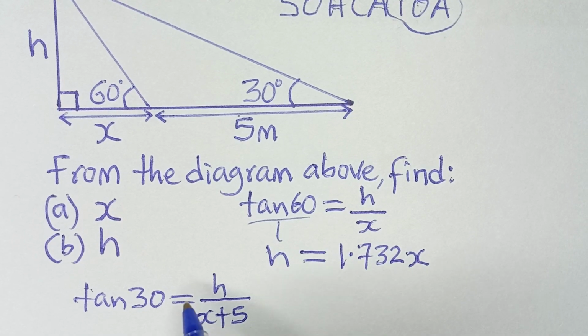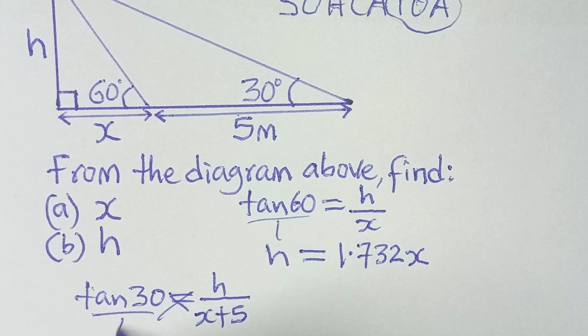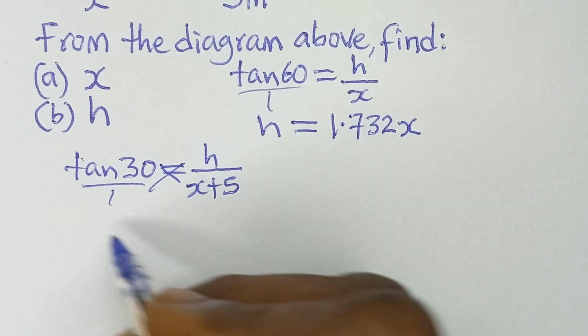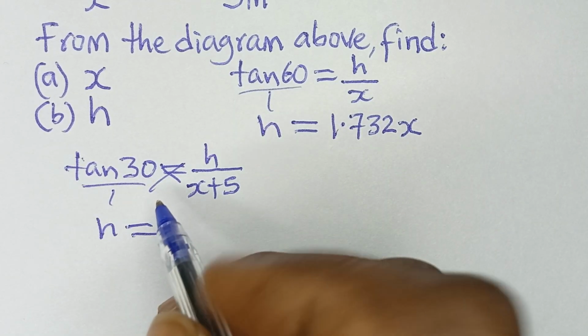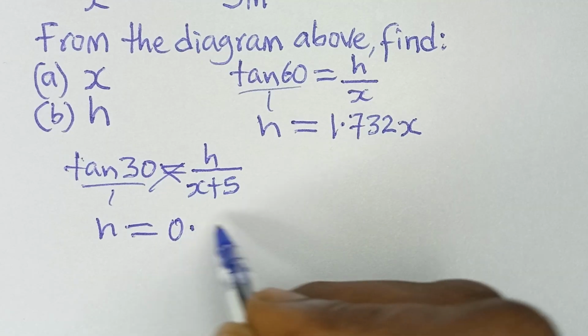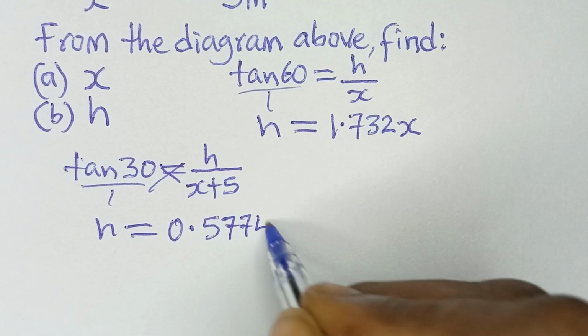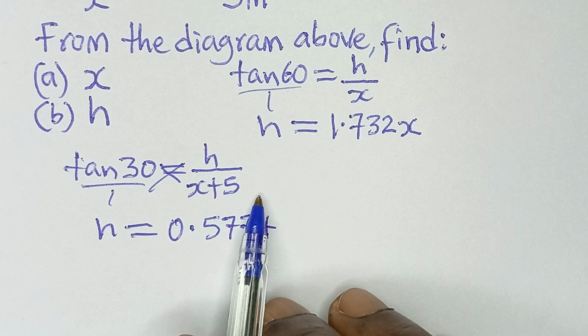Now, if we also cross multiply this, so that this h will multiply 1, we are going to get h is equal to tan 30, which is 0.5774, multiplied by x plus 5.